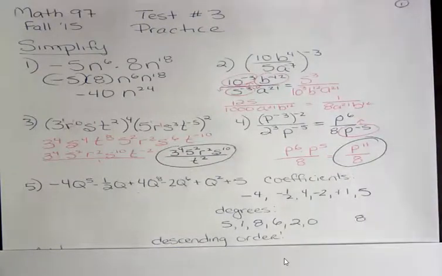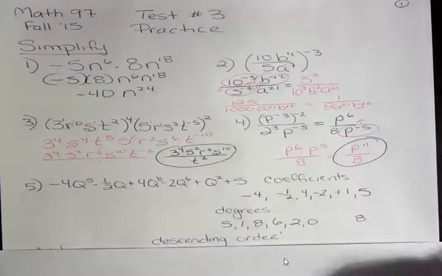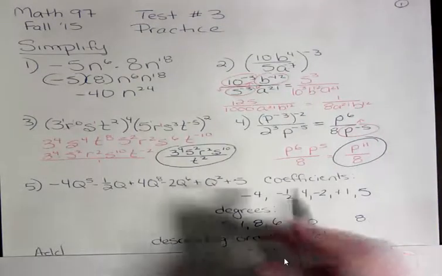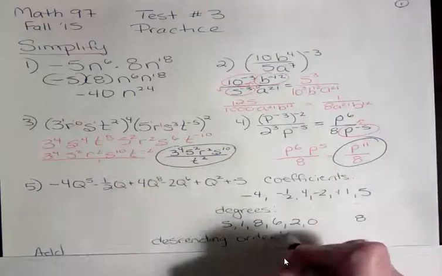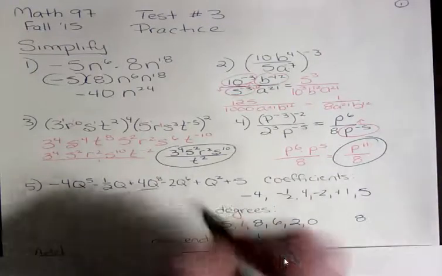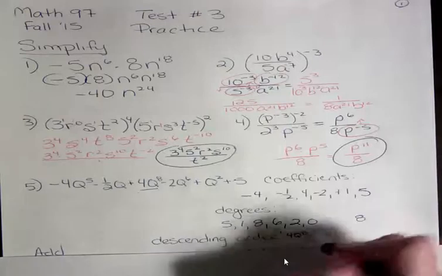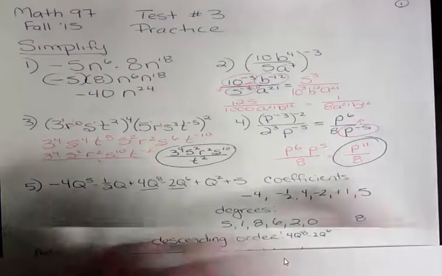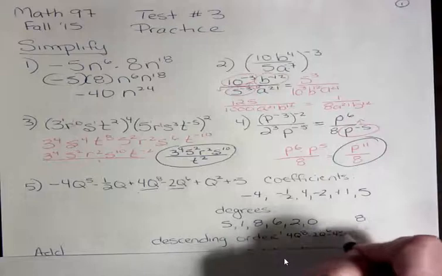And then I ask you to write that in descending order. I didn't leave myself a lot of space to do that, but I'll squeeze it in. Highest power is 8, so I have 4q to the 8th power. The next highest power is 6, -2q to the 6th power. 5th, -4q to the 5th power.